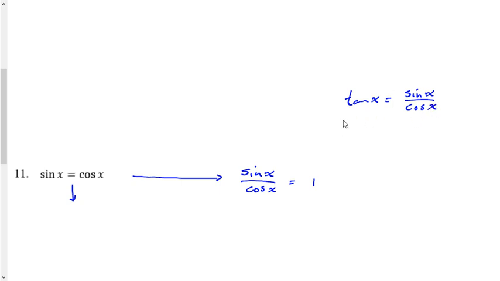I can rearrange this identity so that I have tan x times cos x is equal to sine x. So I could use that identity here, replace the sine x with tan x times cos x, and that has to equal cos x.